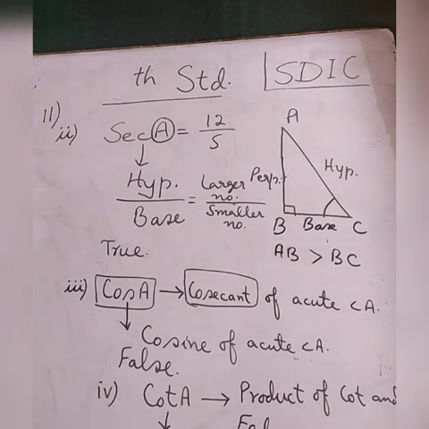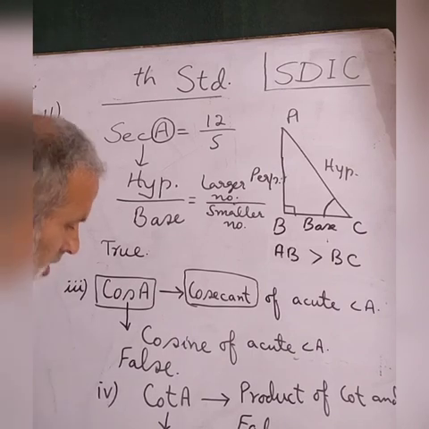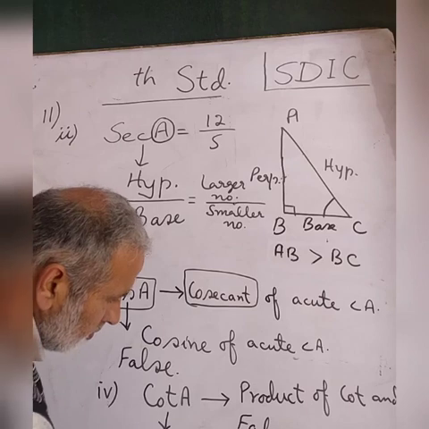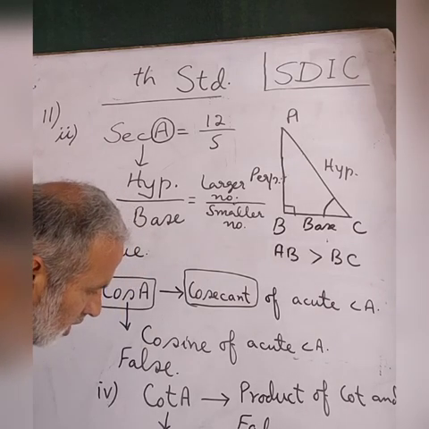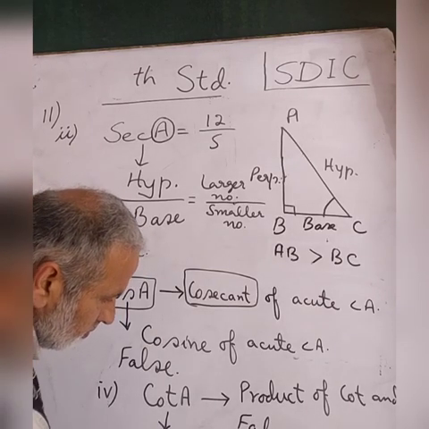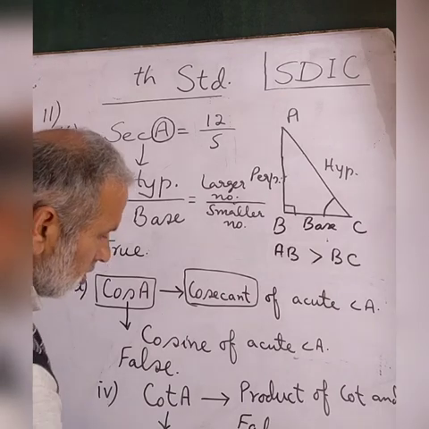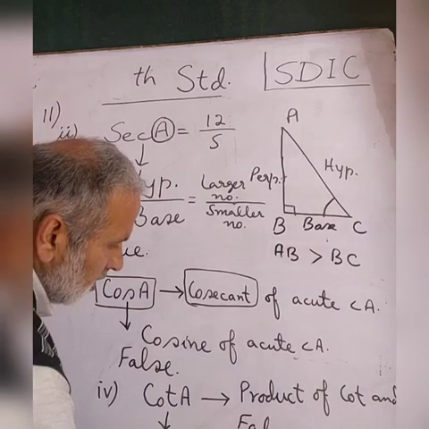Perpendicular is therefore smaller than hypotenuse. Hypotenuse is the larger number. So it becomes smaller number divided by larger number. But in the question, the ratio given is in the form of larger number by smaller number, which means this result is false. With that, this exercise is over.